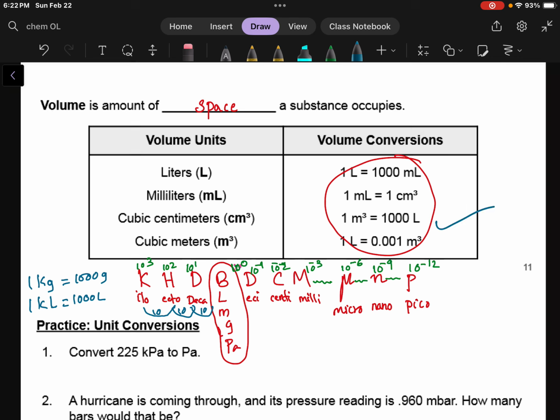Okay, then if you are going backwards, you can do the same thing. Like you are going from millimeter to meter. Here, 1, 2, 3 tens.